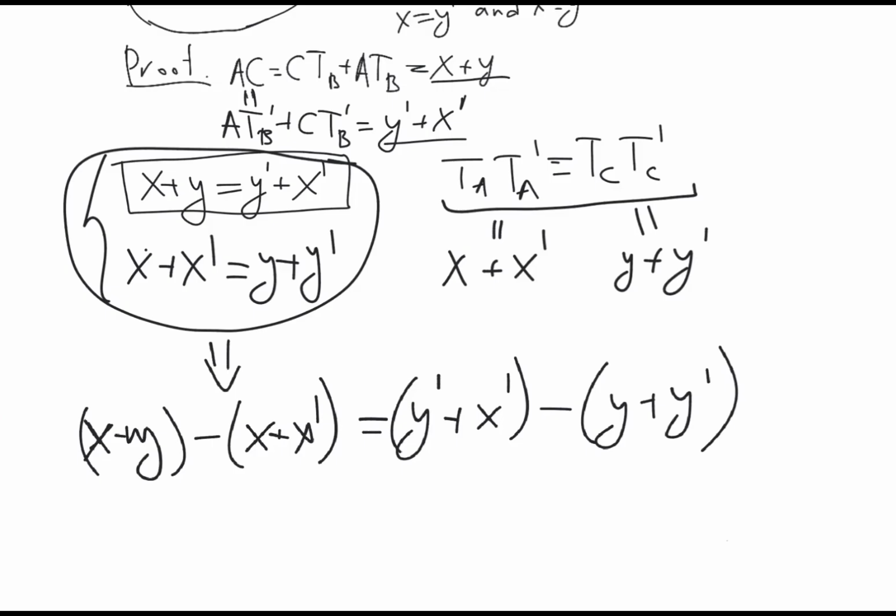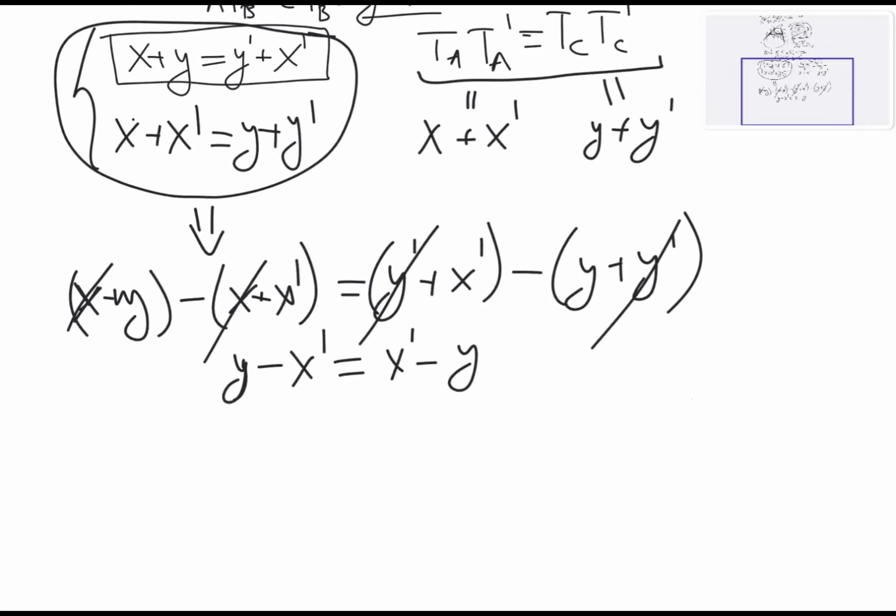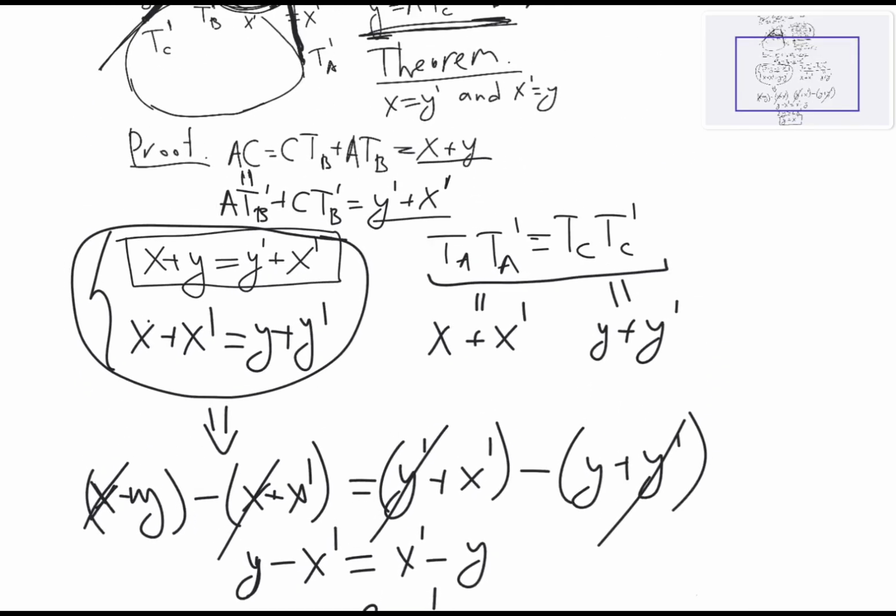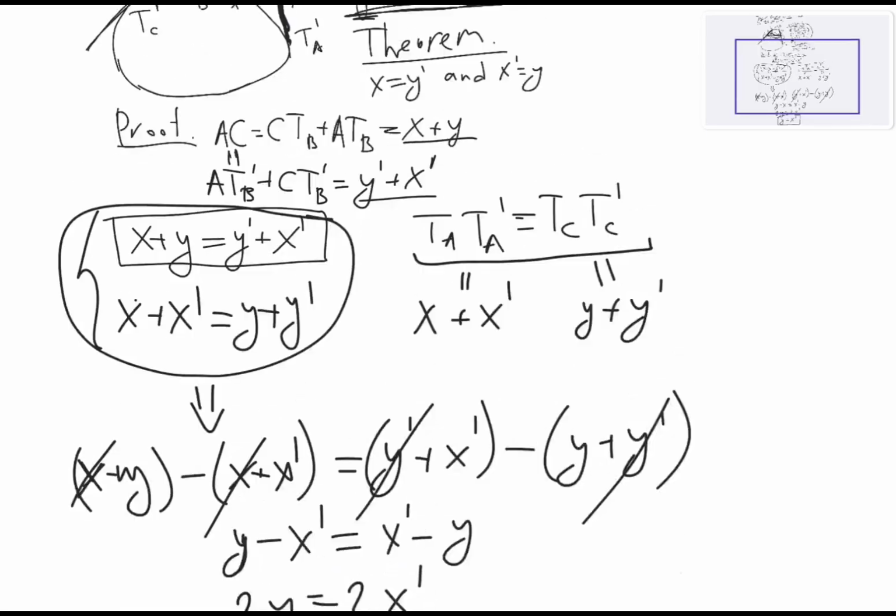Then x and x cancel each other, and y prime and y prime cancel each other, and we get y minus x prime is equal to x prime minus y. We move x prime to the right side and y to the left side. We get 2y is equal to 2x prime, and therefore y is equal to x prime.